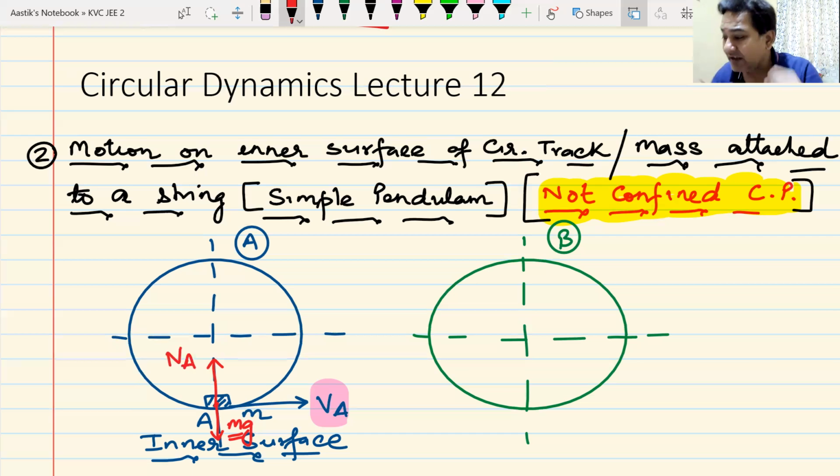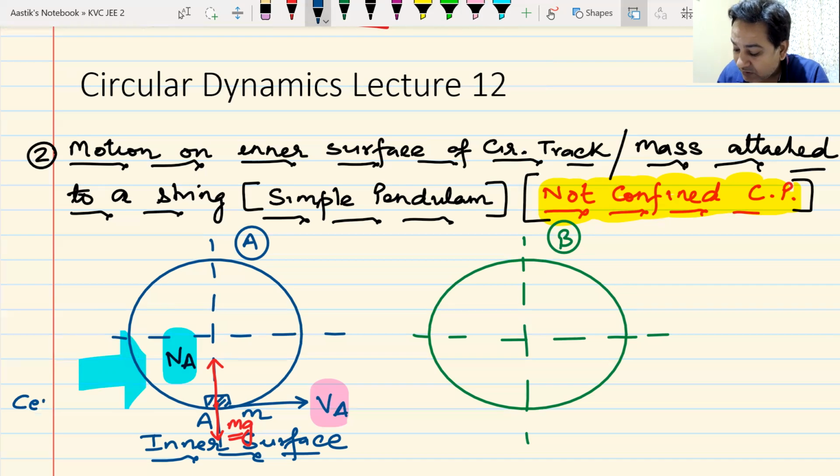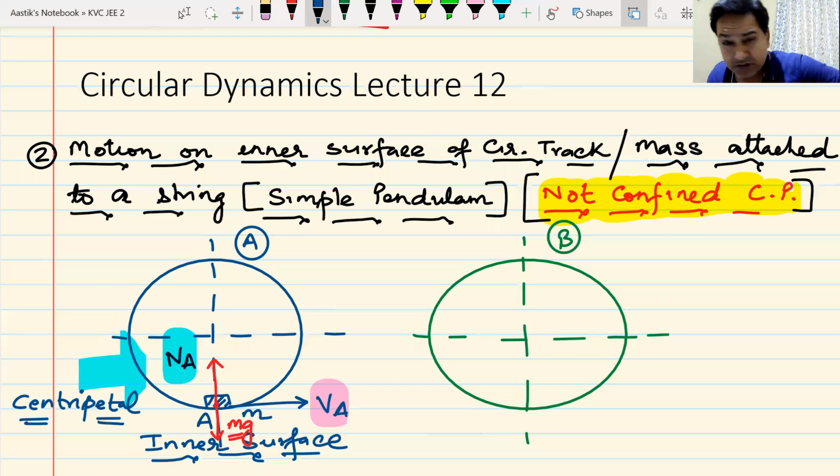This NA will give this body the required centripetal force. Do we understand this? Can I have a raised hand? That we understand that here the centripetal force, well done, is being provided by the normal reaction.